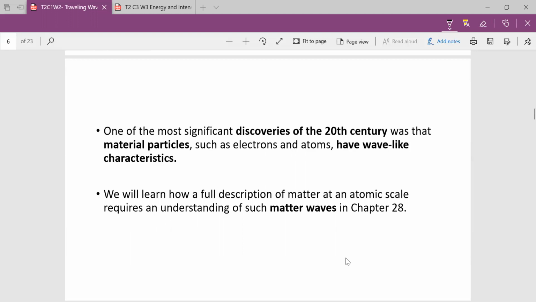We will learn the full description and application of matter waves when we get to chapter 28, the last chapter of the test, not the last chapter of the semester. We'll dwell much more on matter waves there. But for now, all we need to know is that they are material particles, such as electrons and atoms, that have wave-like characteristics. So we refer to this class of particles as matter waves.